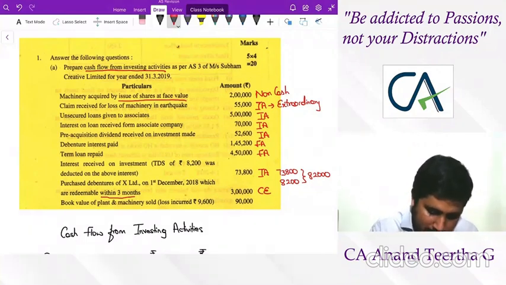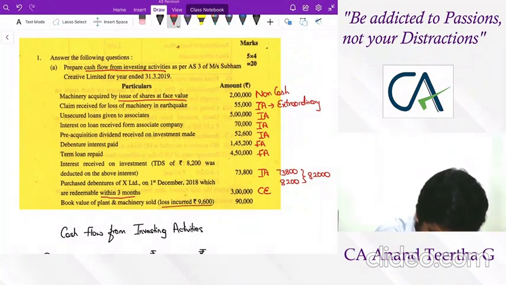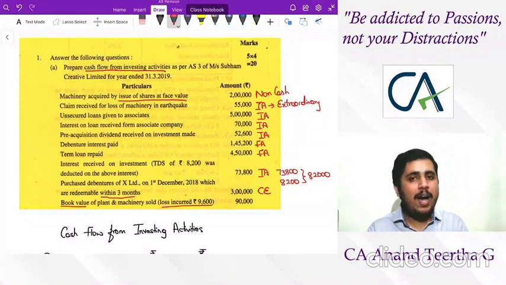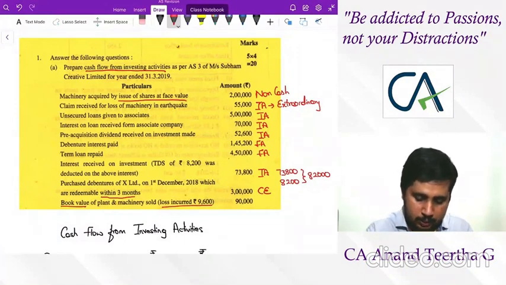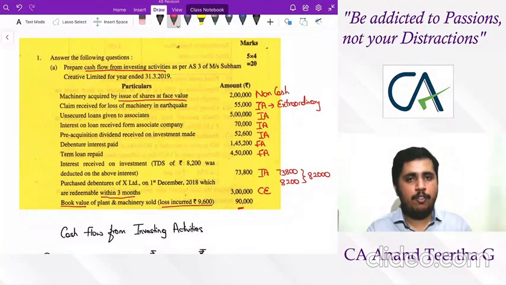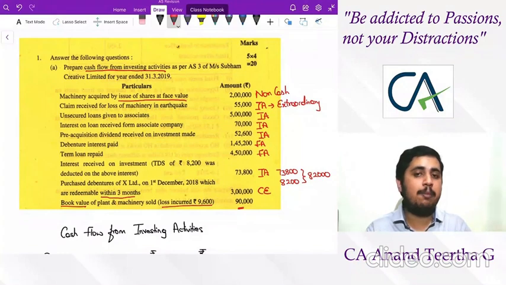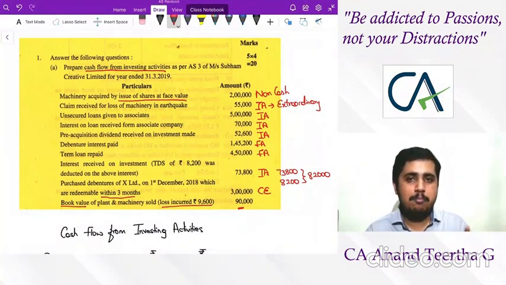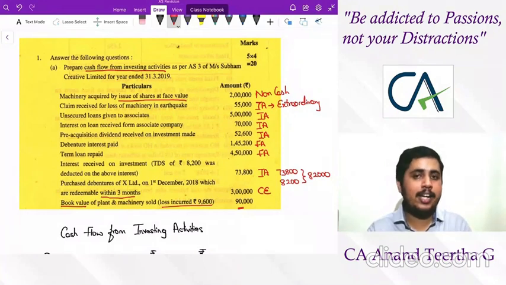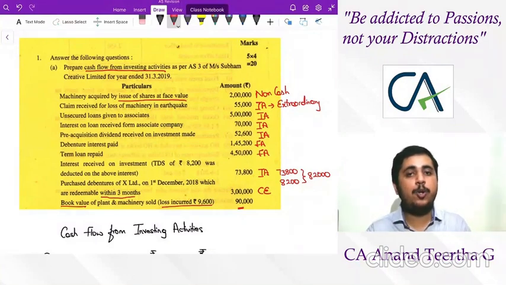Finally, book value of plant and machinery sold 90,000, loss incurred 9,600. Book value is the value in the books of accounts. Is there cash flow in book value? No. There is cash flow in sale proceeds. So after making the sale, you are incurring a loss. What does that mean? If book value is 100 and sale value is 90, there is a 10 rupee loss. Why?